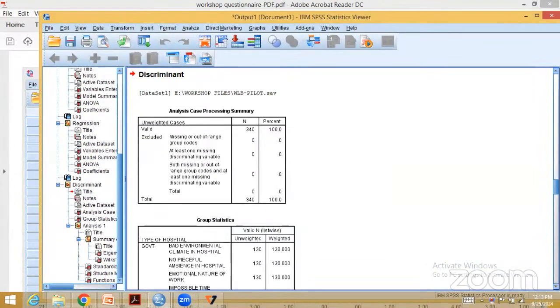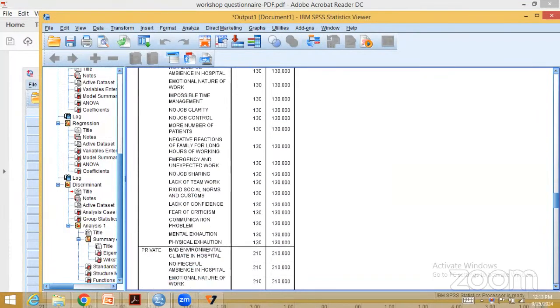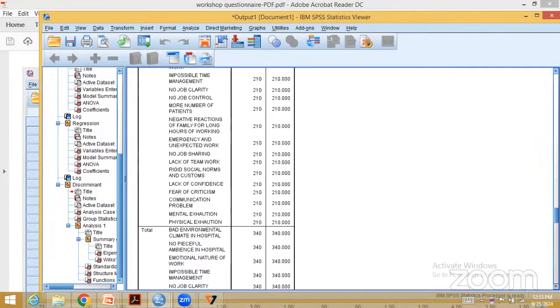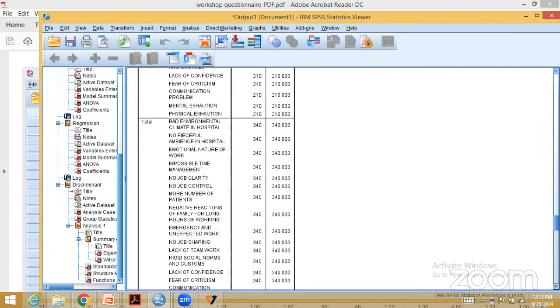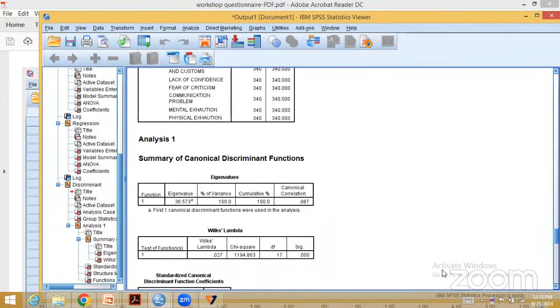So what is the nature of the output here? When we apply multiple discriminant analysis, firstly we should observe Wilks lambda, characterized by chi-square. You find whether these values are significant or not.